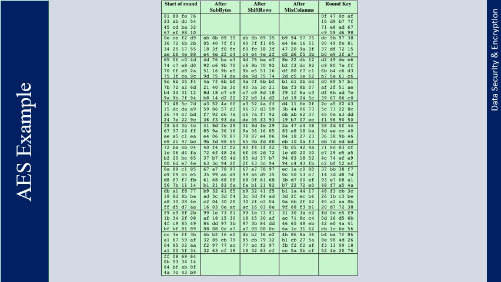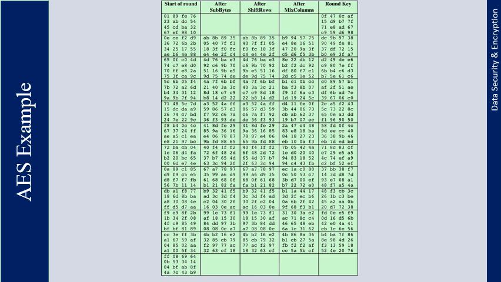So this example shows the progression of state through the AES encryption process. The first column again shows the value of the state at the start of the round. For the first row, the state is just a matrix arrangement of the plain text.